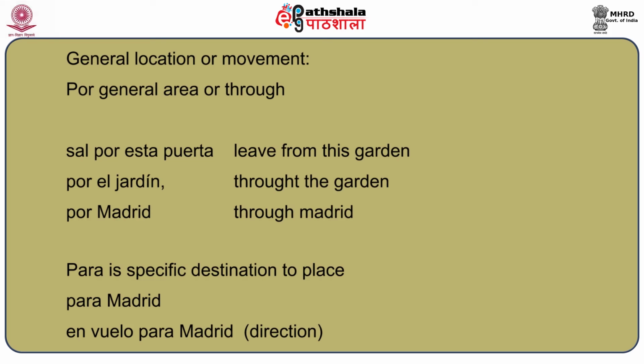Leave from this door. Por el jardín. Through the garden. Por Madrid. Through Madrid. Para is a specific destination to a place. Para Madrid. En vuelo para Madrid gives the direction of the flight towards Madrid.